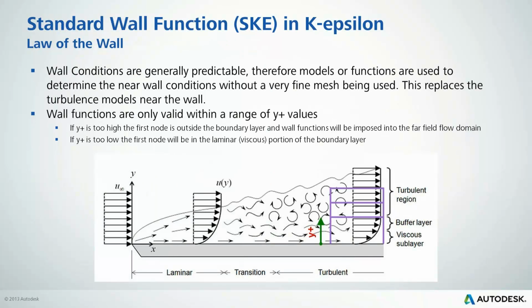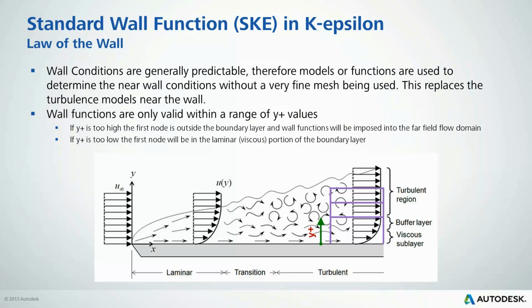This is something that you don't normally think about, and in most industrial models you don't need to think about. But when you're trying to really grow your CFD knowledge base, the law of the wall becomes important when you're implementing these different turbulence models and your model is very sensitive to what is going on along the wall. The law of the wall, which is implemented in K-epsilon, is valid in certain ranges.